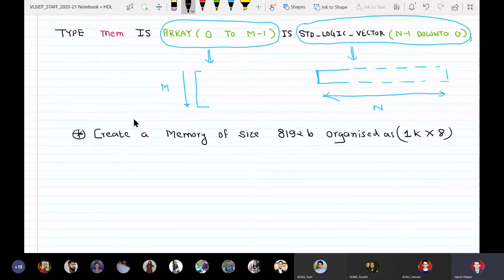Read the statement properly. Create a memory of size 8192 bytes organized as 1k by 8.